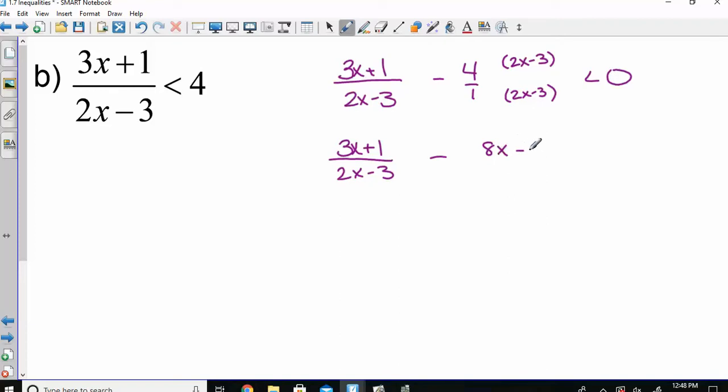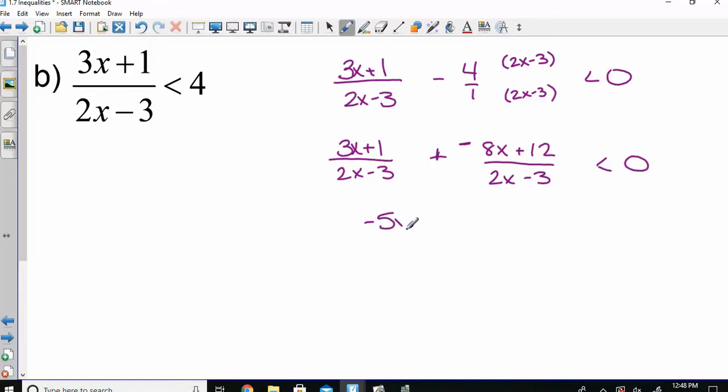So if I distribute my 4, I get 12. Now what? Distribute this negative.